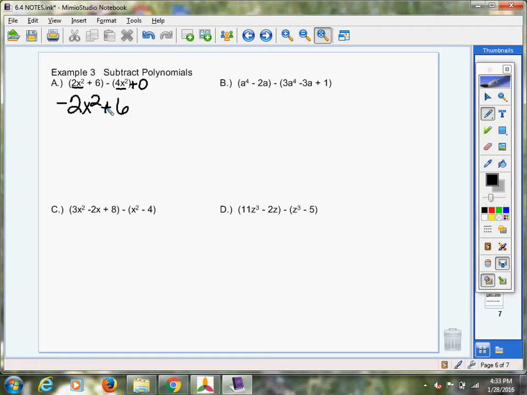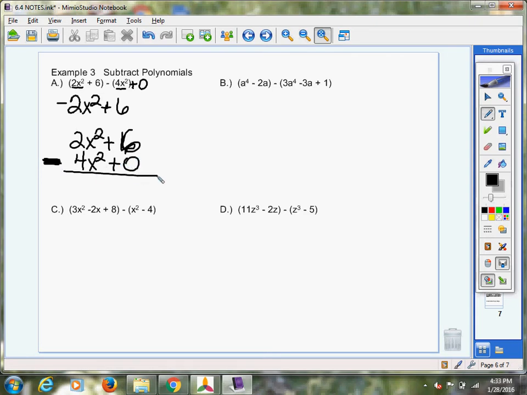Now, if you're doing the stacking method, the vertical method like I showed you, make sure that you are... I don't know what's wrong with my 6, it's not drawing right. There we go. And underneath it, let's draw a big, fat, thick subtraction sign, and then we're going to line up the 4x squared and then the constant number 0.